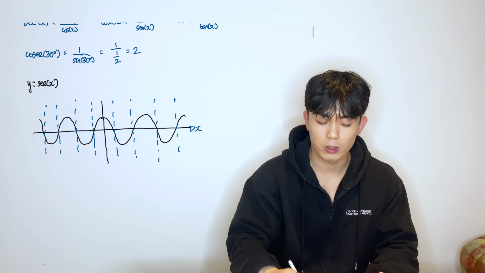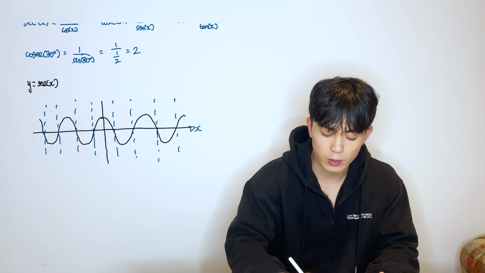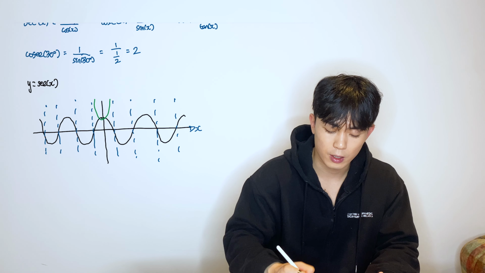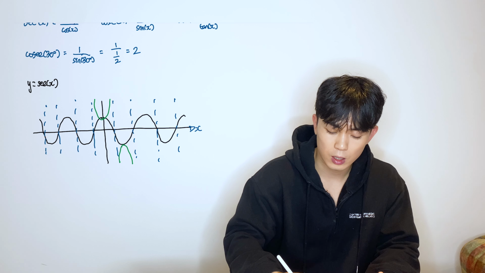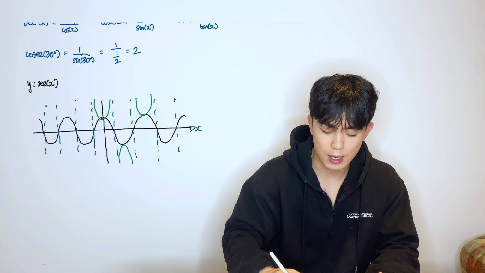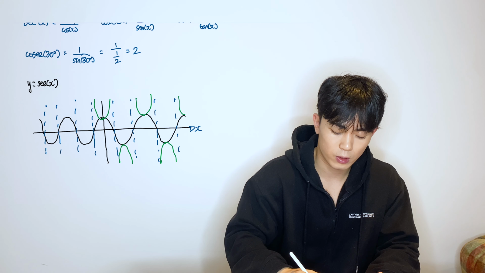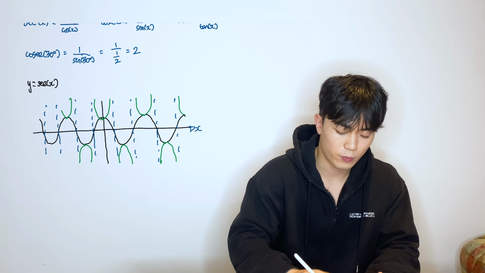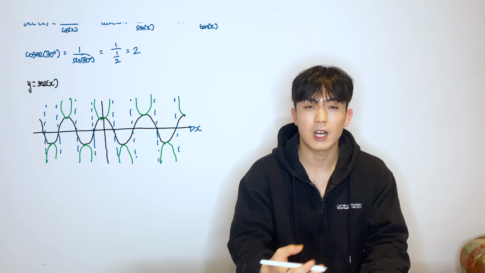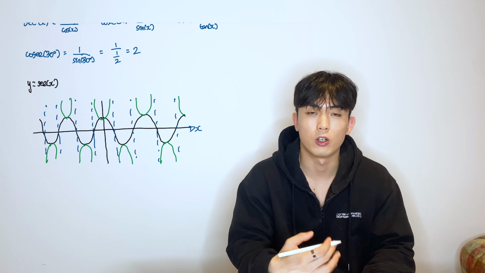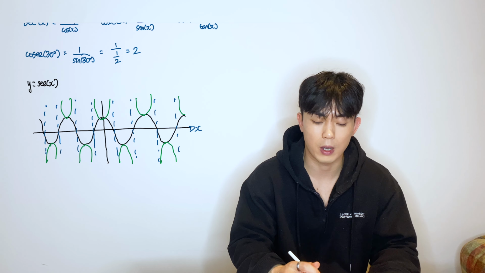So within here, I flip this part up, this part down, up, down, up, down, up, and down. That's how I go about memorizing or learning to sketch the y is sec x graph.